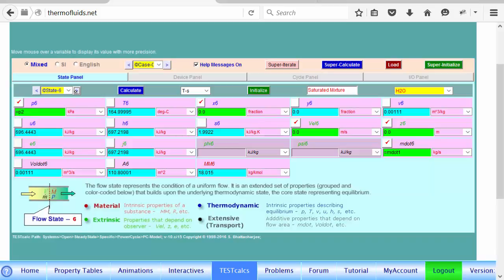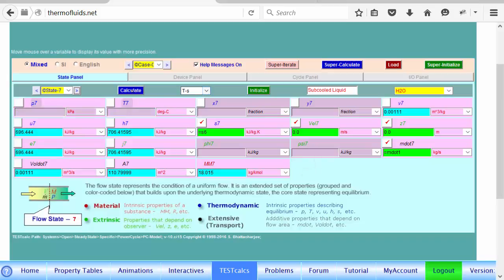And state 6, if you recall, is where after the mixing in the feed water heater, the quality becomes 0. We have a saturated liquid and the pressure is known, so therefore state 6 can be found. And finally, state 7 is an isentropic state brought about by the pump when the pressure is raised to the boiler pressure.